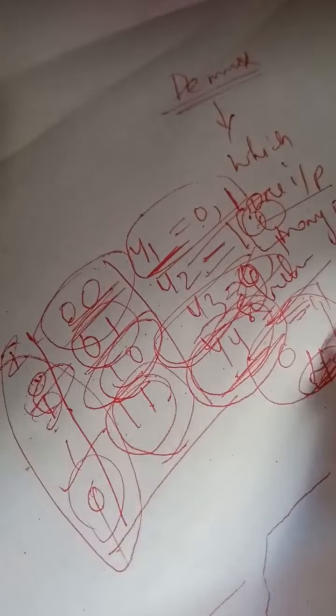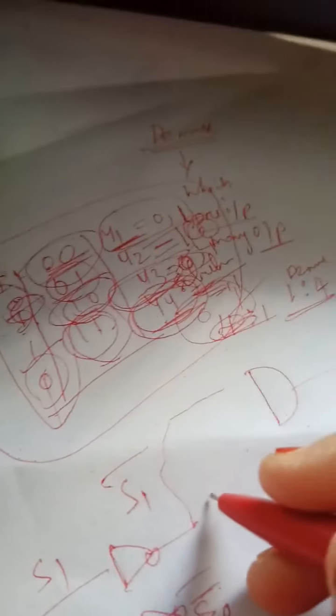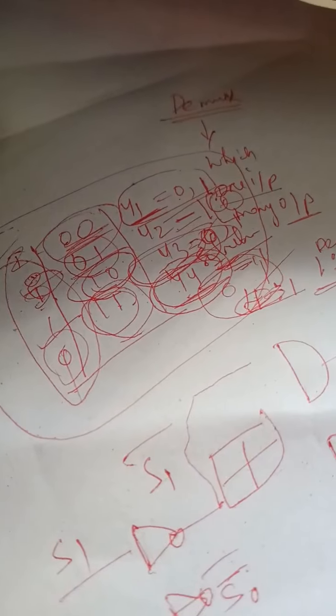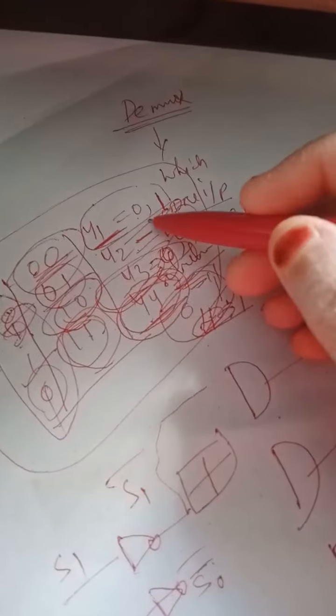If the selection line is 1, 1 and the input is 1, then this will be 1. It depends on the selection line only; depending upon the selection line only, the output will be activated.